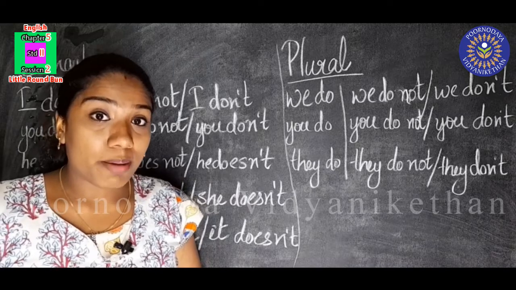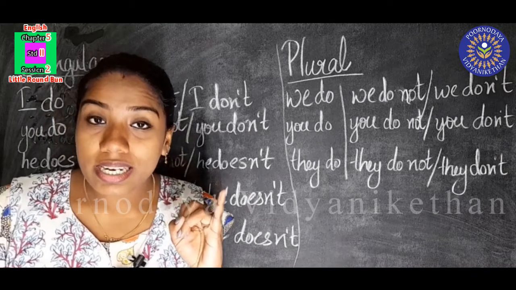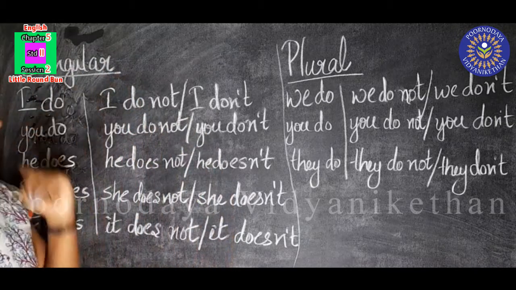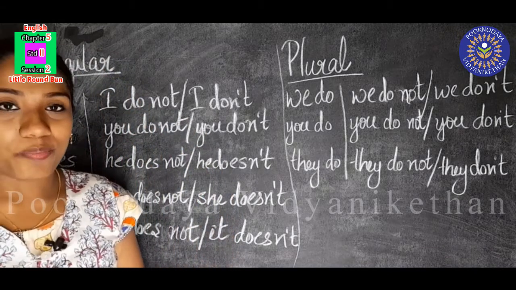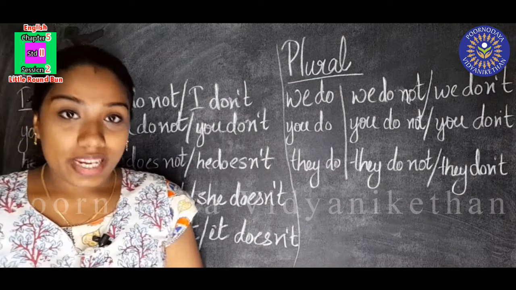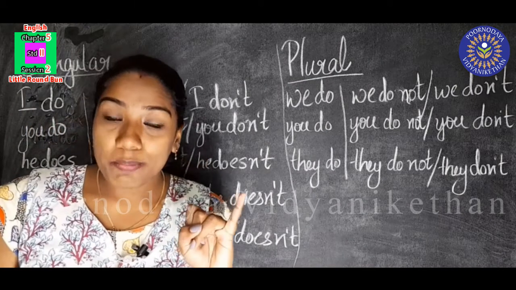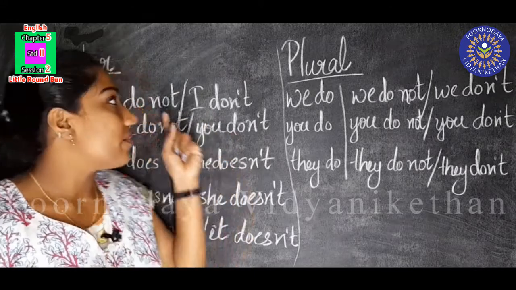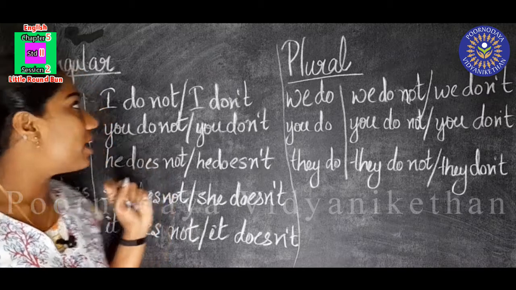When we are talking about one person, one animal or one thing, we use the singular form.